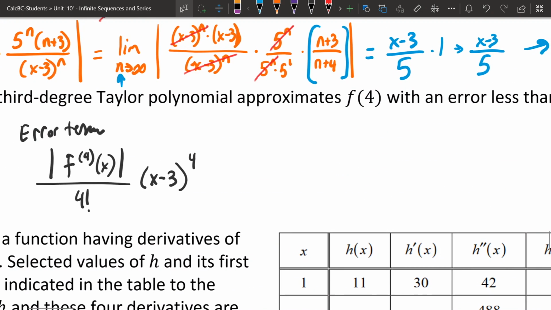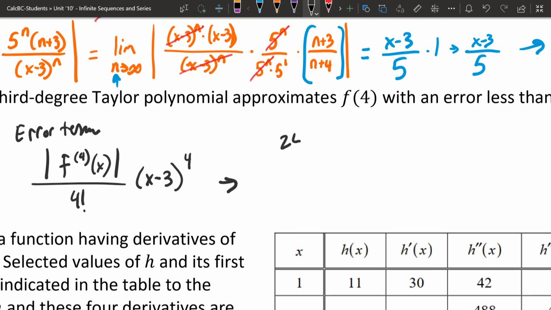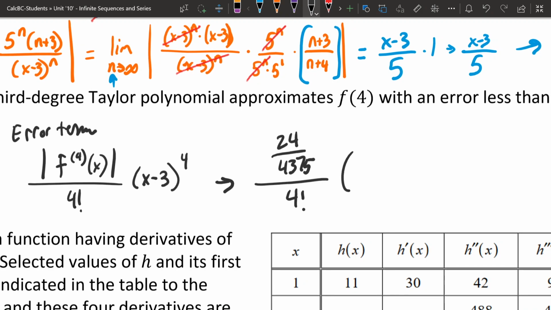So let's plug that in. 24 over 4375 over 4 factorial, times plugging in that 4 there.